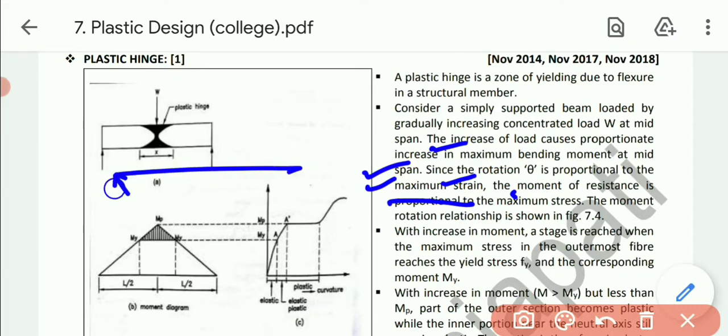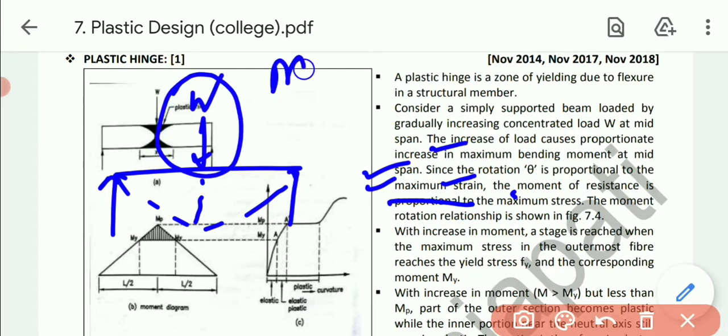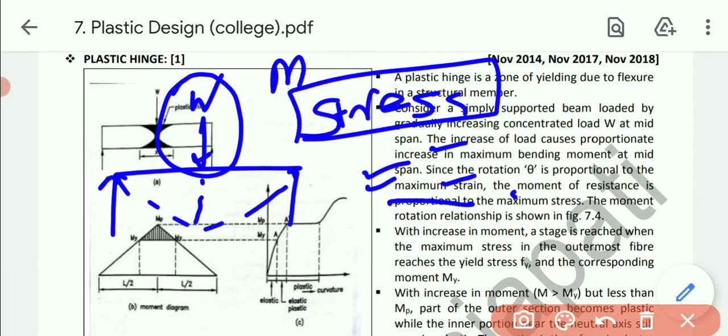In simple words, let's take a simply supported beam and put a gradually increasing load W at the midspan. It will create a deflection like this. Whenever we increase this load, ultimately it will also increase the moment, because moment is directly proportional to the load. So ultimately stress will also be produced, and stress will be higher as the load is increased.